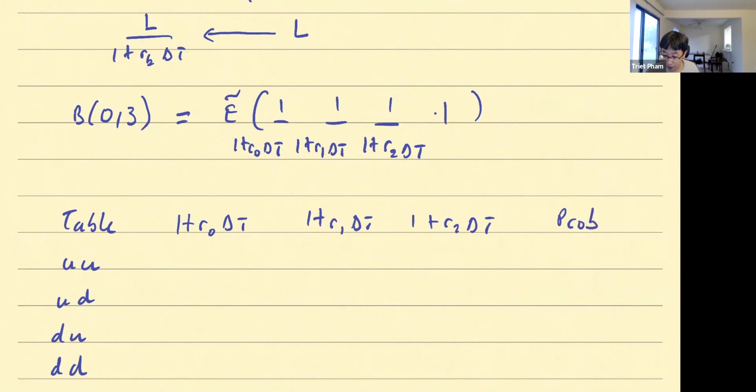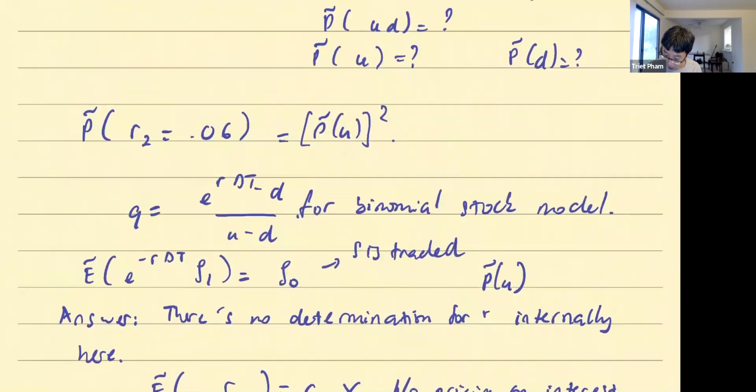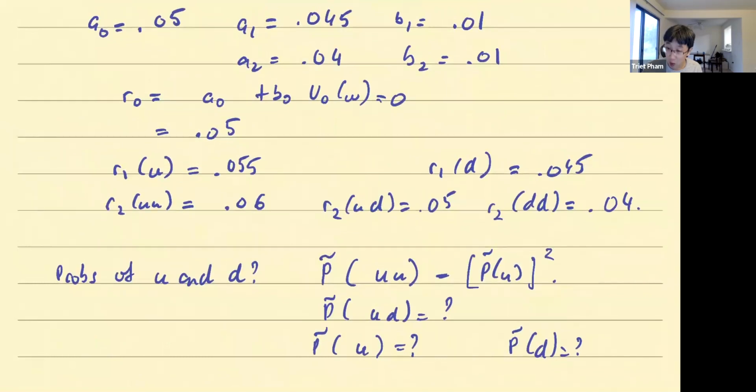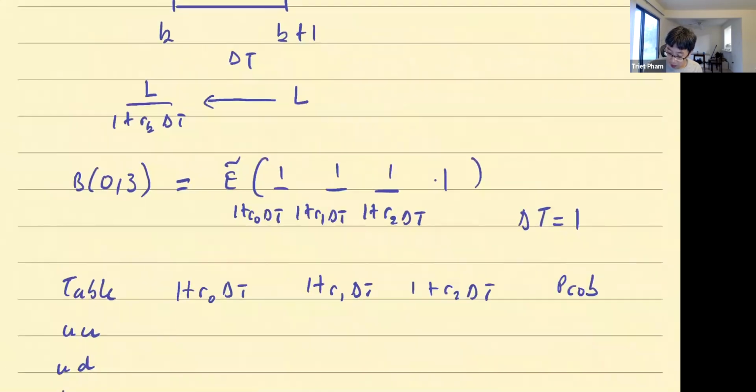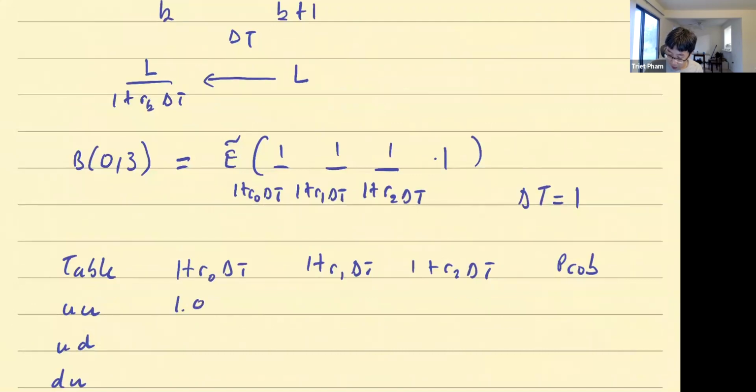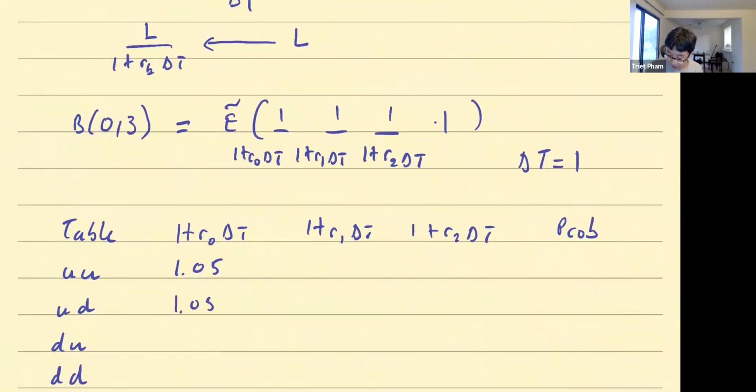Let me show you. For example, let me make it easy for myself: let me make delta T equal to 1. That's kind of weird, but okay, so 1 year. So what is my 1 plus R0 delta T? Remember, R0 is 0.05, so here it will be 1.05 throughout everything.